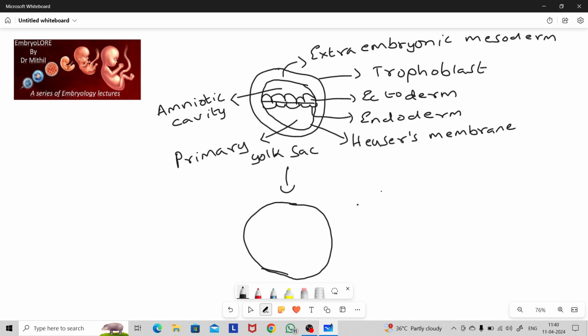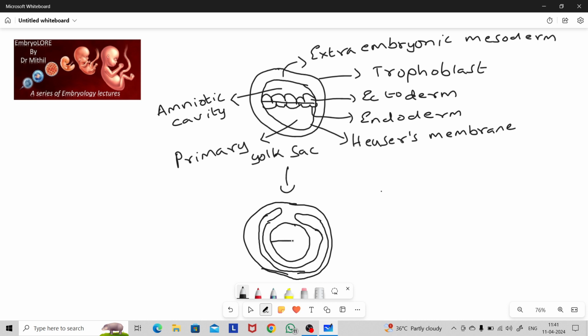So this is the trophoblast as usual. This is the extra embryonic coelom, and deep to that lies the bilaminar disc or the embryo.